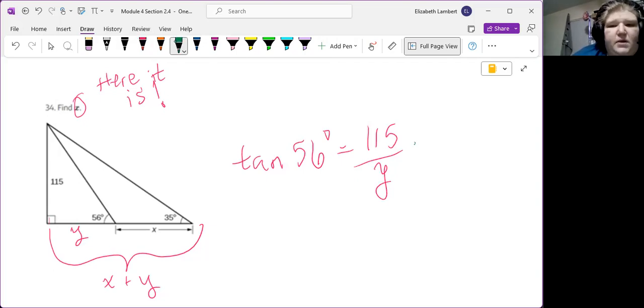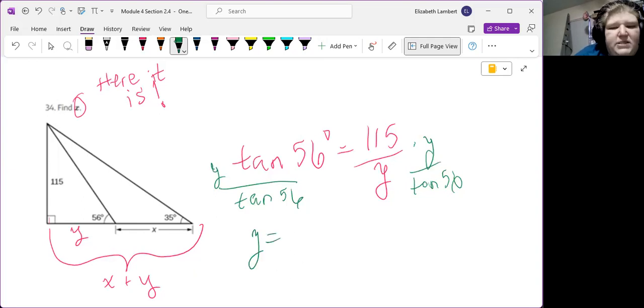I'm going to multiply by y on both sides, and then my tangent 56 is there, so I'm going to divide by it. So our y here is 115 over the tangent of 56. And this is something we could crunch on the calculator right now and write down the answer for.